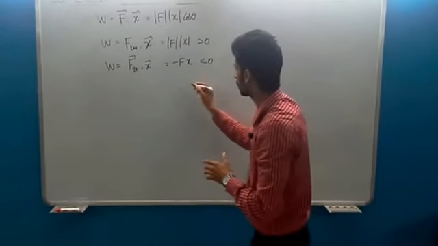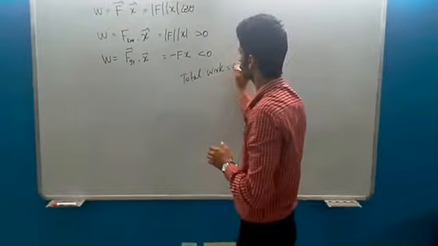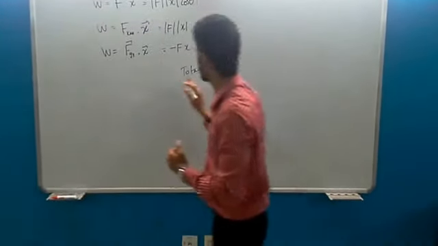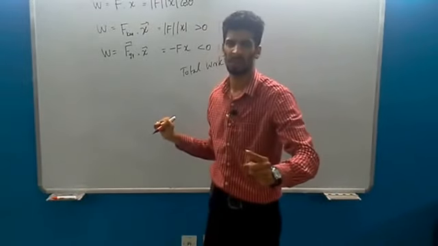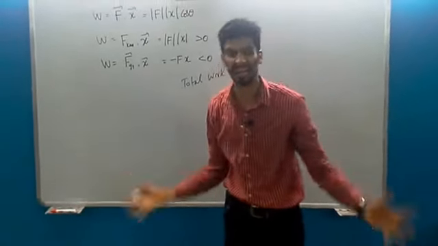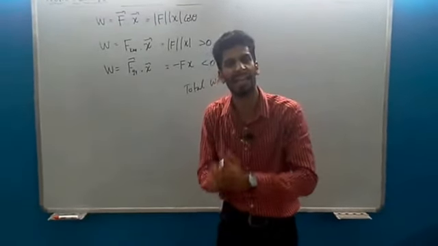If you calculate the total work, it is equal to 0. Fx minus Fx, add that, and the total work is equal to 0. So even though the total work is equal to 0, I would get tired. So you can get tired without doing any work.